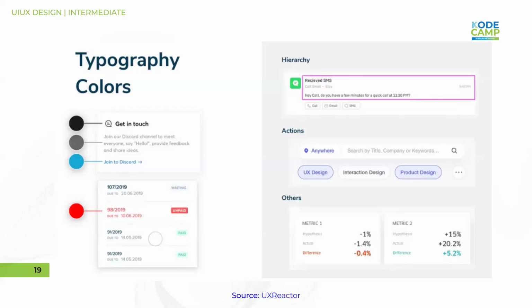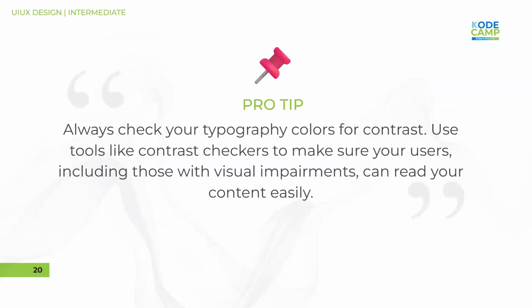So anytime you are doing colors for typography, you need to include link and the rest of it. You need to put in color for everything and document it. The reason we do this documentation is that it's going to help developers, and it's also going to help your team. Okay, pro tip: always check your typography for contrast.